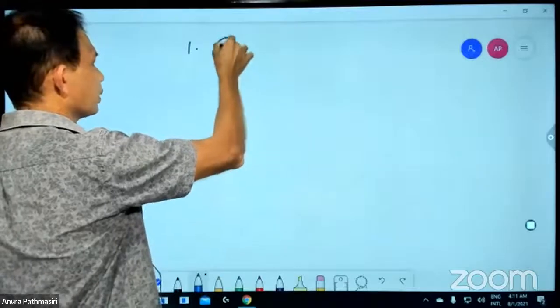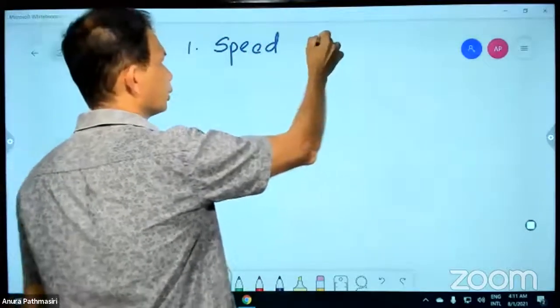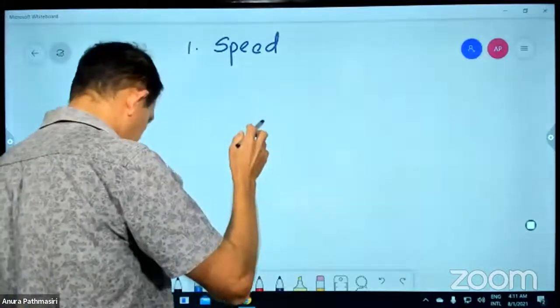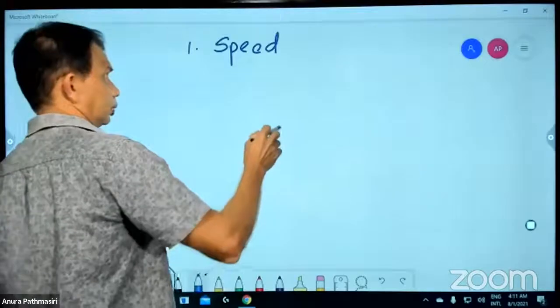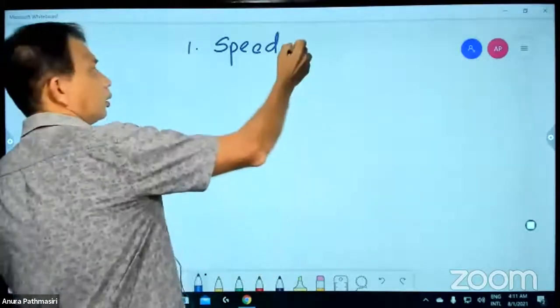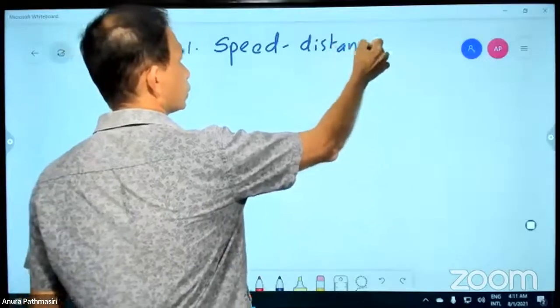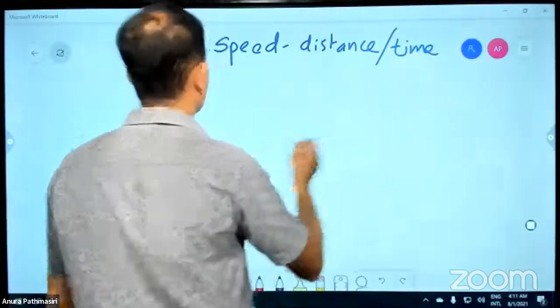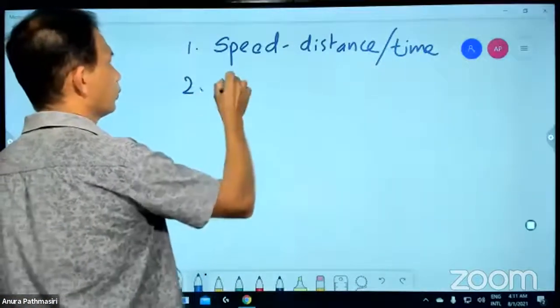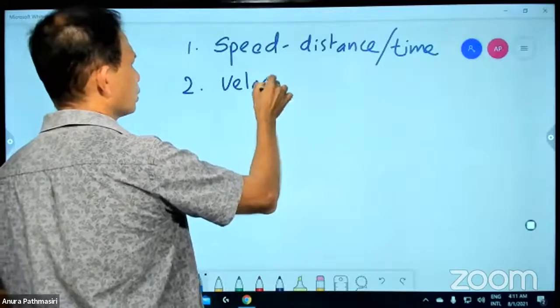First one, speed, which is related with distance and time. So it is between distance and time. And second one, we want to talk about velocity.